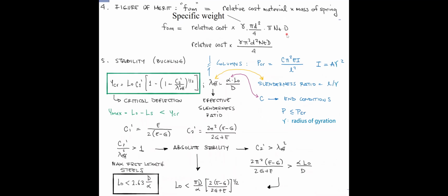Rearranging this term, we get FOM equals the relative cost times gamma pi squared d squared Nt times capital D, divided by 4.